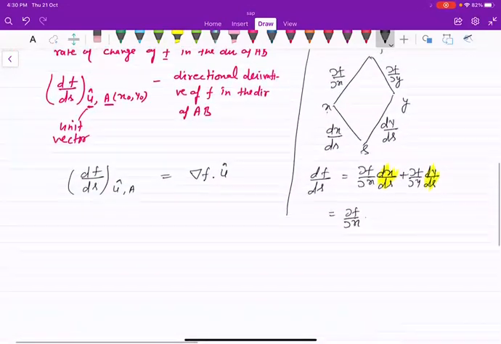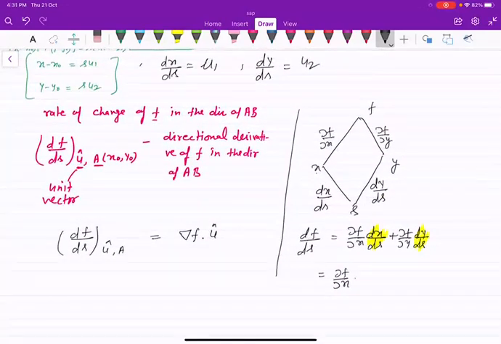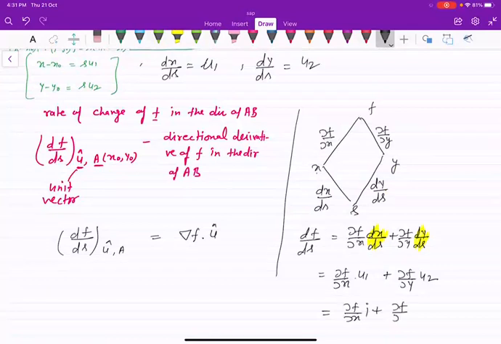So replace dx over ds and dy over ds by u1 and u2: del f over del x u1 plus del f over del y u2. It can be written in vector form as del f over del x i plus del f over del y j, dot u1 i plus u2 j.